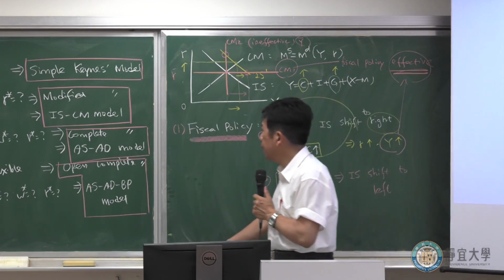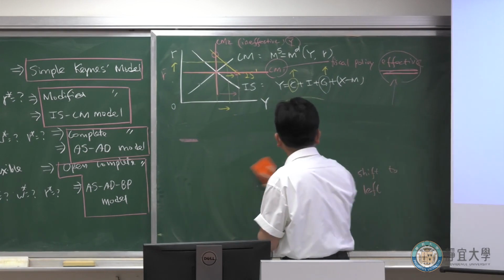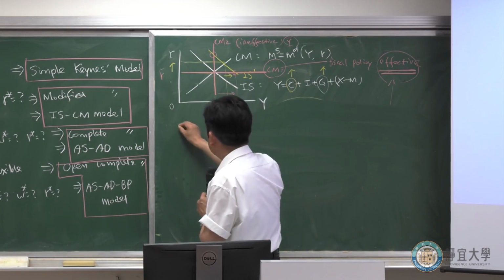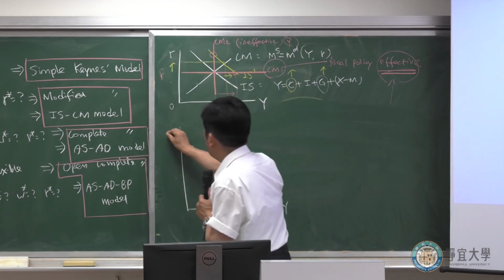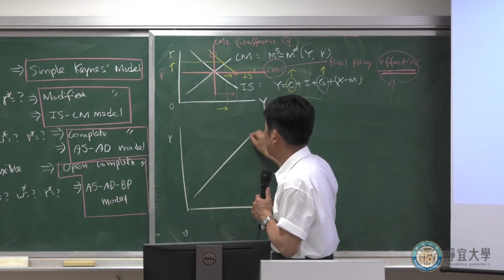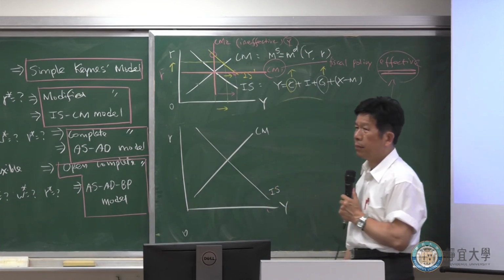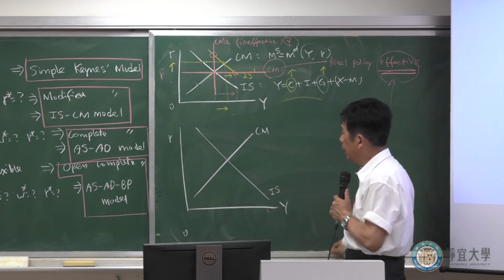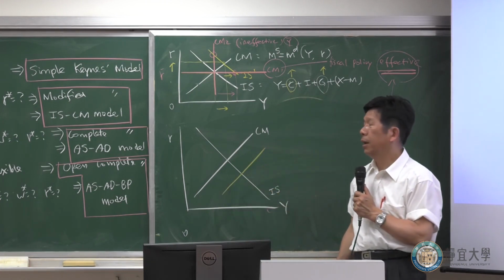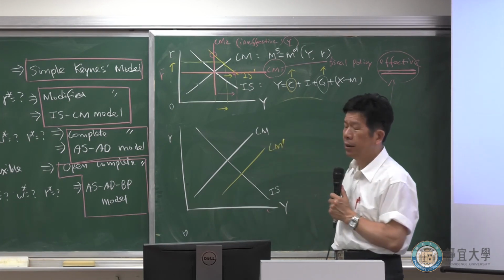And the other way, we also try to look at the monetary policy. So here, we can try to draw Y and R. Here this is LM, and this is IS. If one day the government uses expansionary monetary policy, they would let the LM increase.